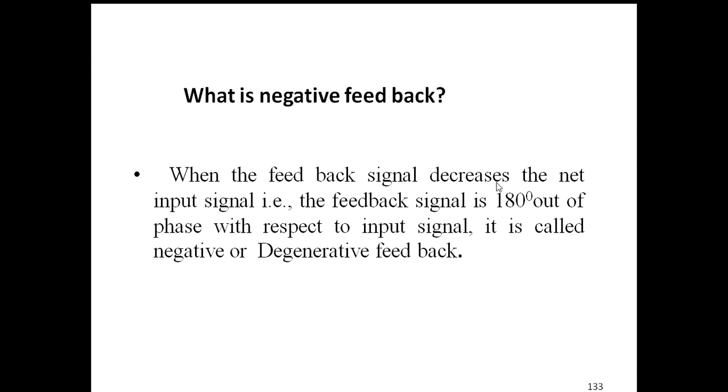If the feedback signal and input signal are out of phase, meaning they are mismatched, what will happen? Generally the output signal will become less. Therefore, if the output signal is less, the overall gain will be less. All these things happen automatically when the feedback signal and input signal are 180 degrees out of phase.